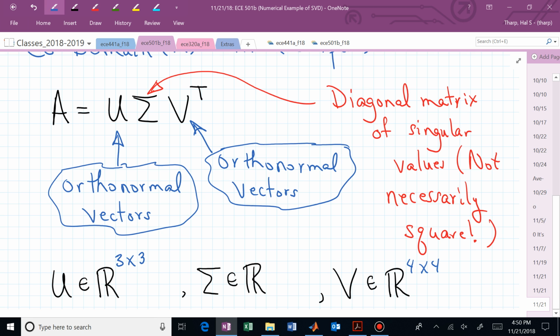It's now sandwiched between U and V. It has to be matrix-wise compatible with U and V, so it now has to map a 4-vector into a 3-vector, meaning sigma is now a 3 by 4 matrix. It's rectangular and it has only non-negative entries along the diagonal.